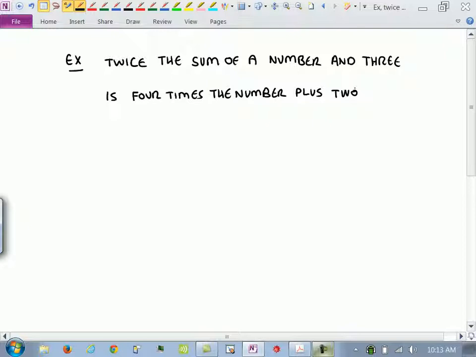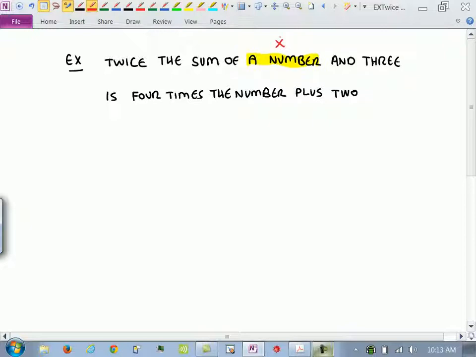This is a little tricky. Twice means what? 2 times? Twice what? The sum of a number and 3. What's a number? Number is x, okay.